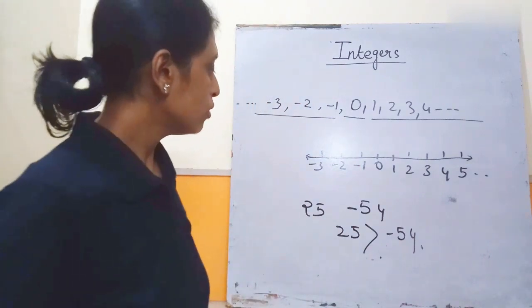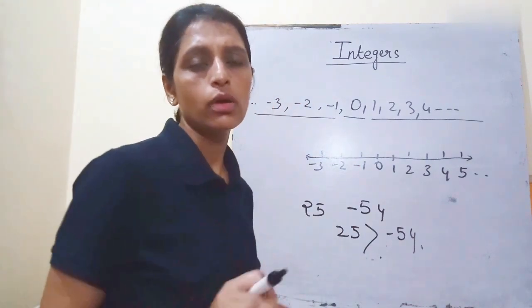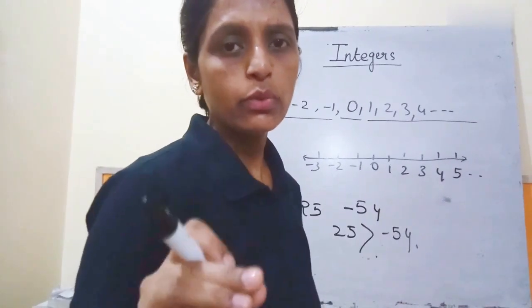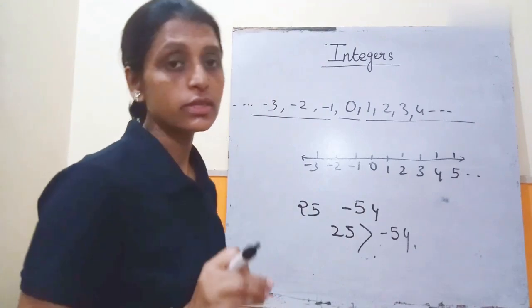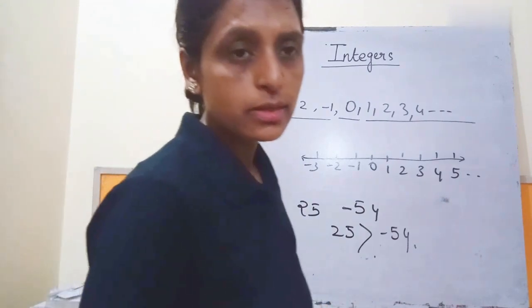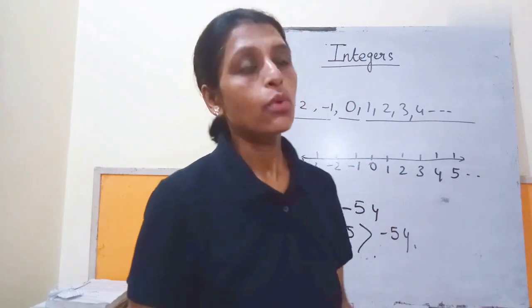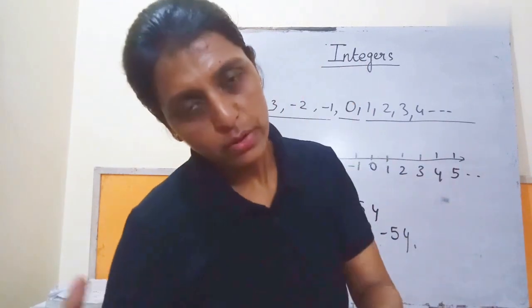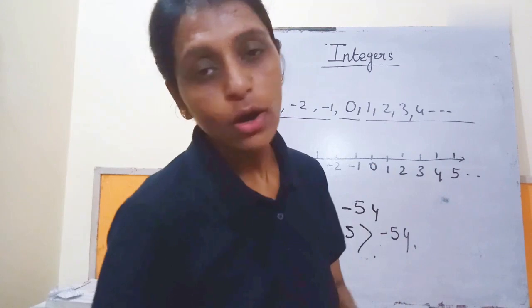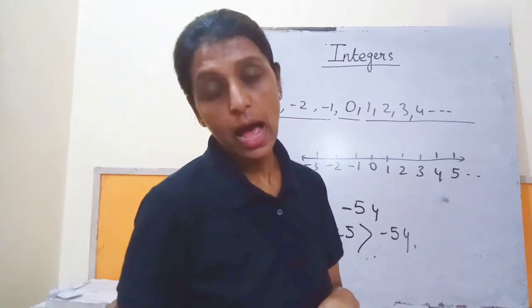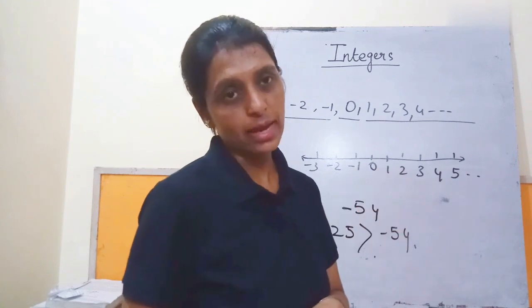Okay? Now I'm going to tell you that how, when we add two integers, how we have to place the sign, because we can add two positive integers, we can add one positive and one negative integer, or if both the integers are negative, how to add it, what we have to do with the sign.